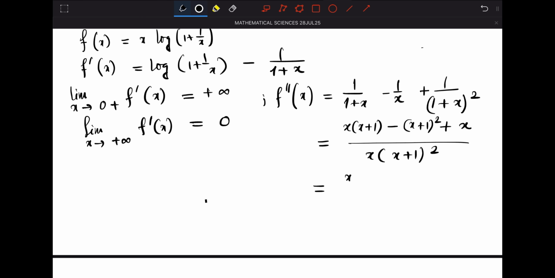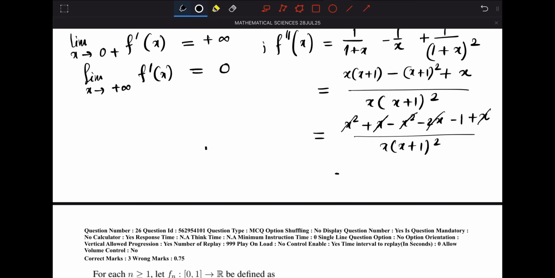So which is x squared plus x minus x squared minus 2x minus 1 plus x, divided by x times (x plus 1) squared, which is minus 1 by x times (x plus 1) squared.